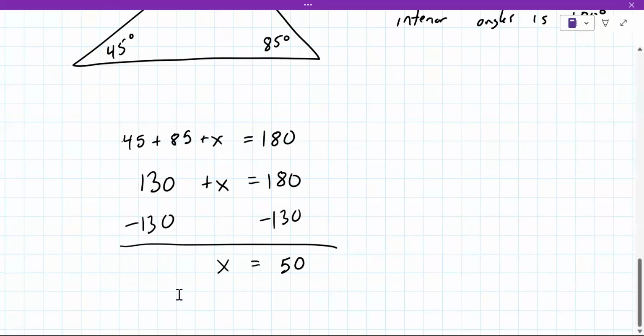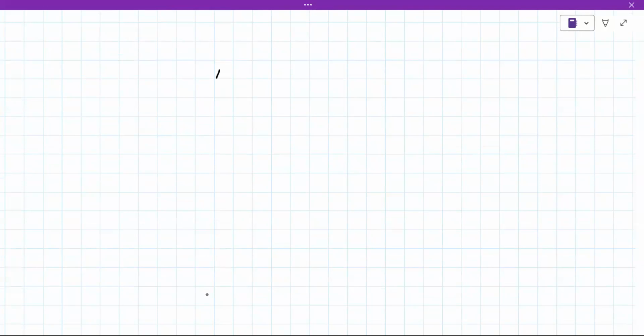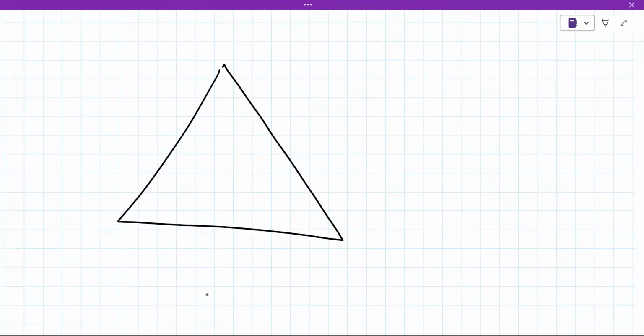All right, so let's look at another problem. Let's say the angles are 40 degrees and 58 degrees, and this is angle Y now. Same thing. The three angles add up to 180, just like the last problem. Do you want to try this one?